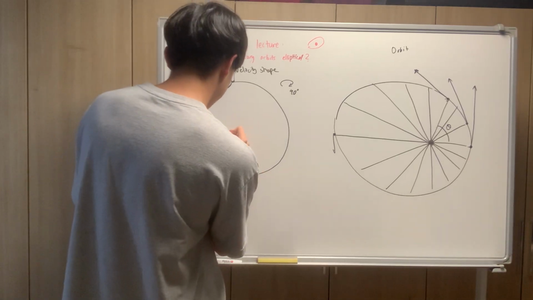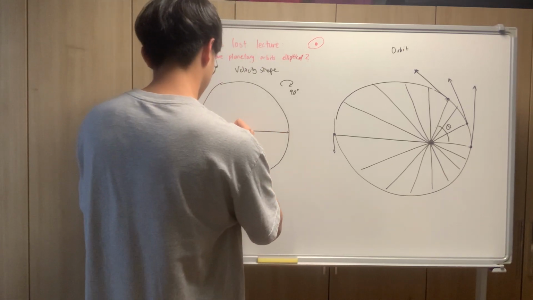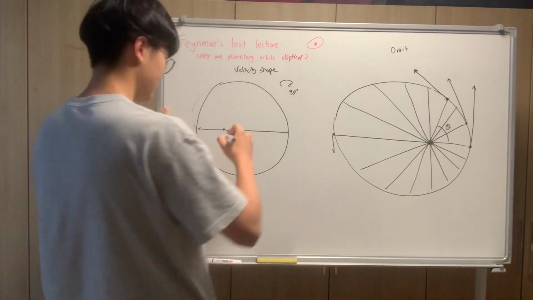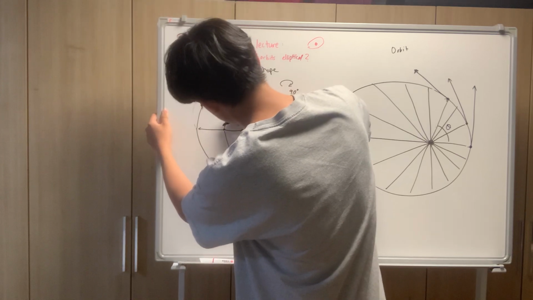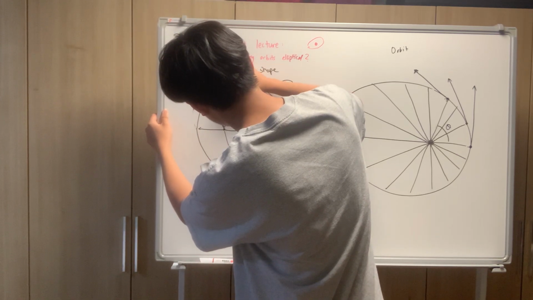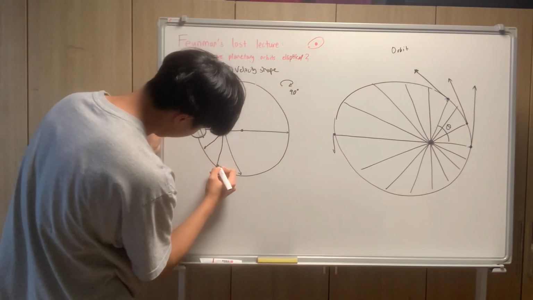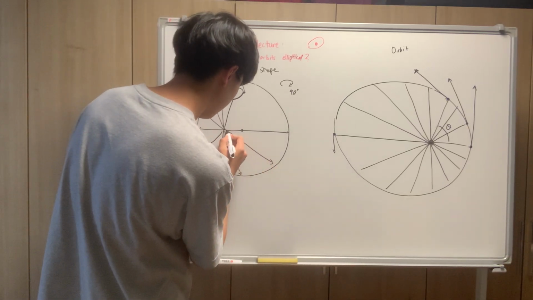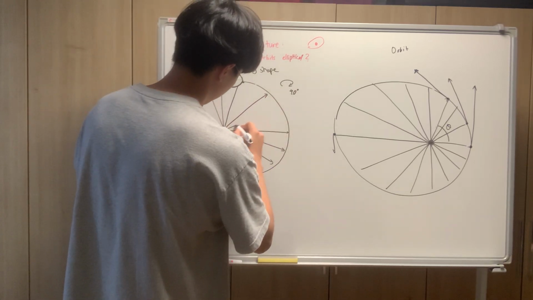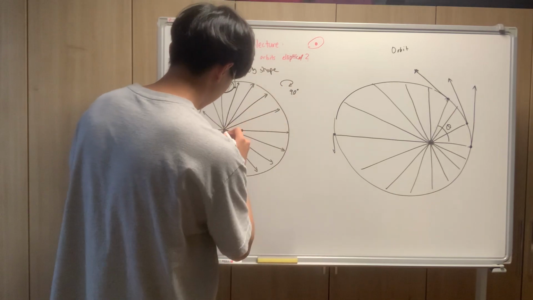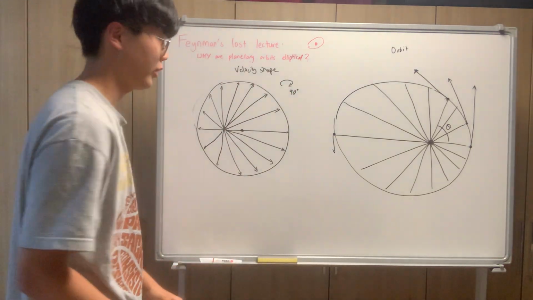We basically have the same shape, with these arrows. So that's our new diagram, whereby we have rotated the same diagram 90 degrees clockwise.